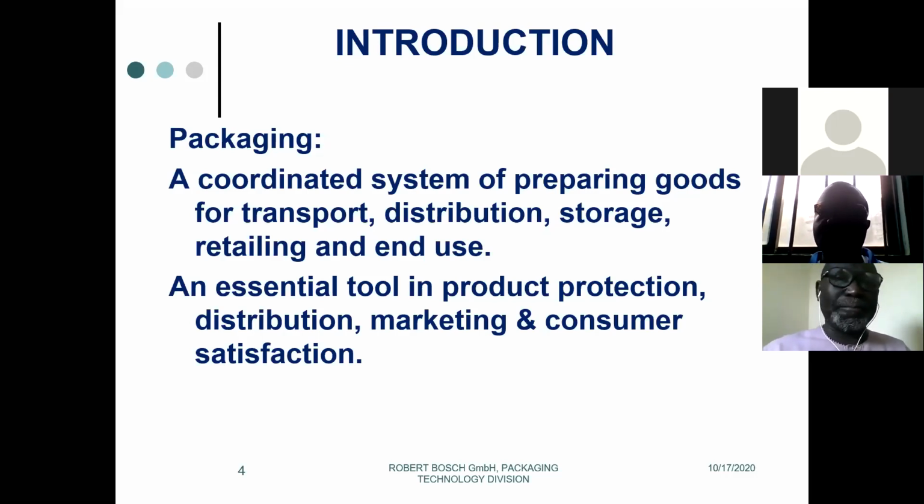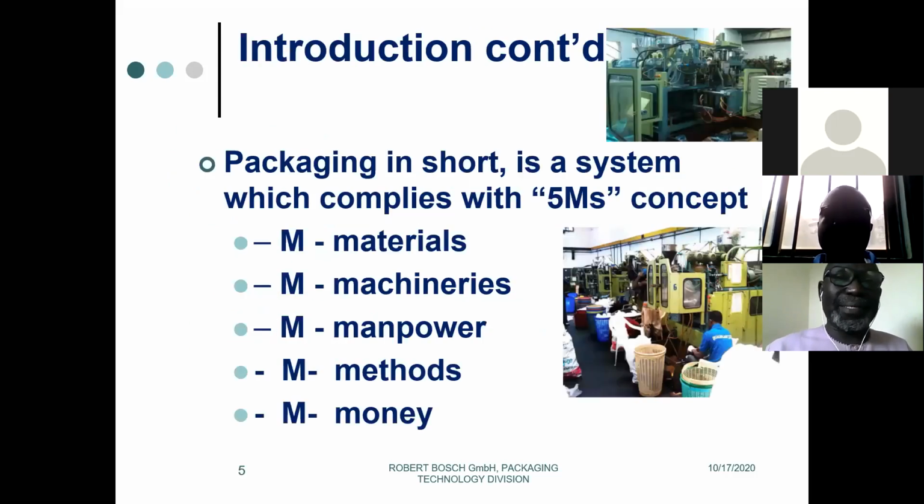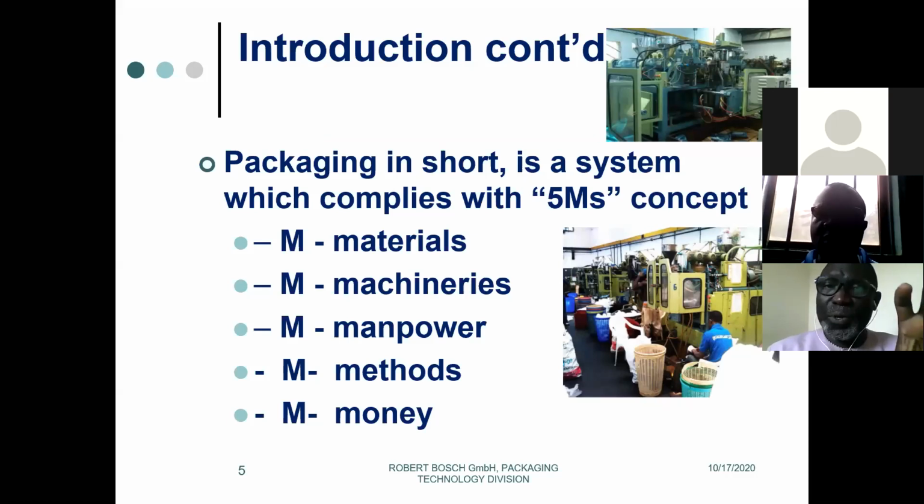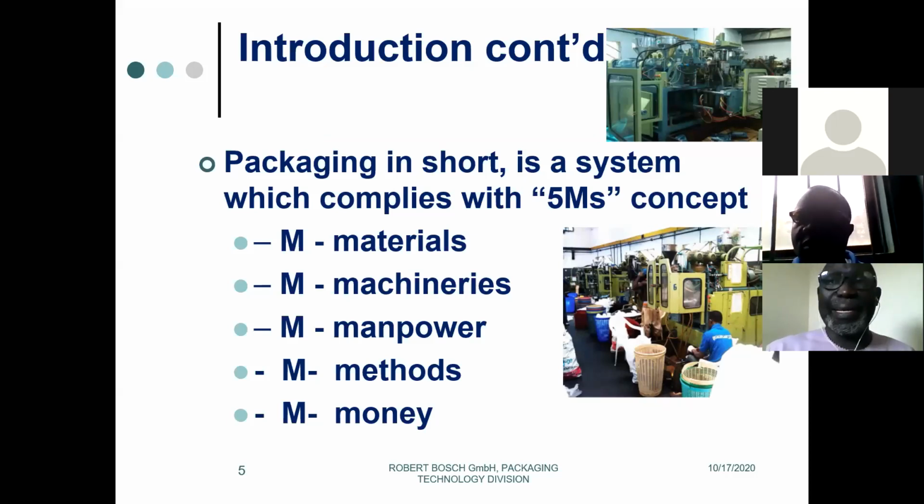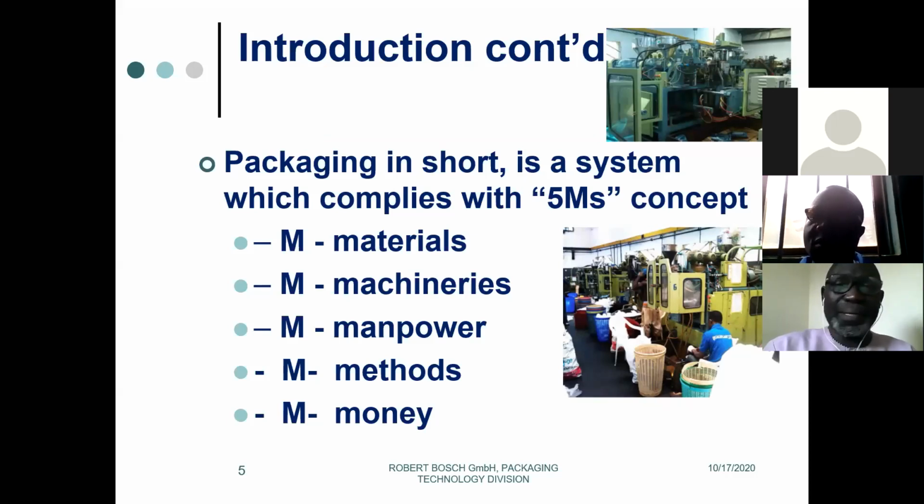Next slide, please. Now, you need to consider this 5M anytime you want to deal with the packaging of our products. And these 5Ms must come to our head at every point in time: materials, machinery, manpower, methods, and money.